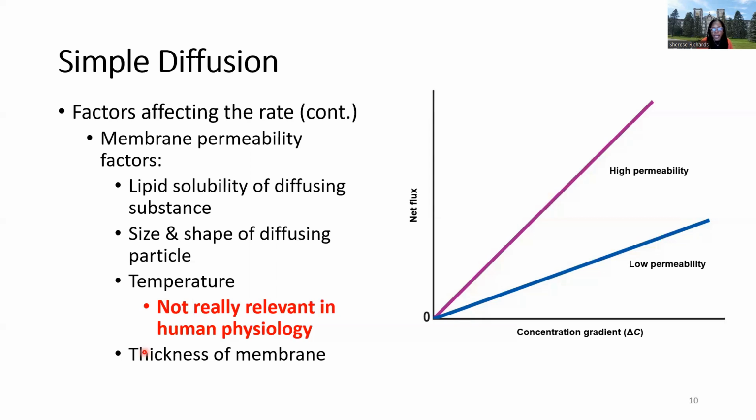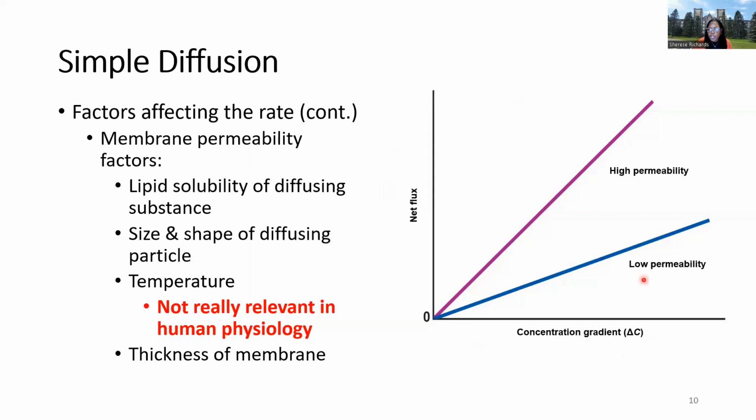Going back to that alveoli example that we looked at before, notice how that cell layer has to be one cell layer thick in order to accommodate the free movement of gases like oxygen and carbon dioxide. So the thickness of the membrane is certainly going to influence the permeability, which is definitely going to affect the rate of simple diffusion. All right, and this kind of just makes sense naturally. If we have more stuff in the way, we're going to decrease the rate. It's going to slow down the rate of movement.